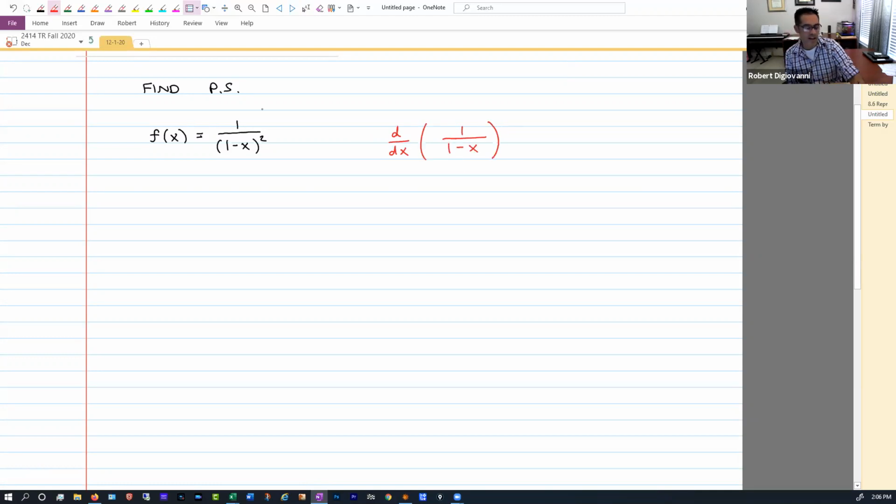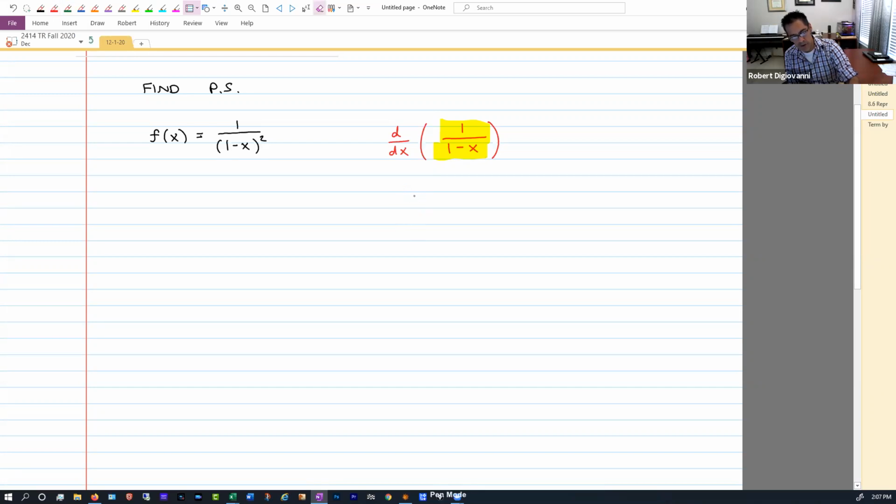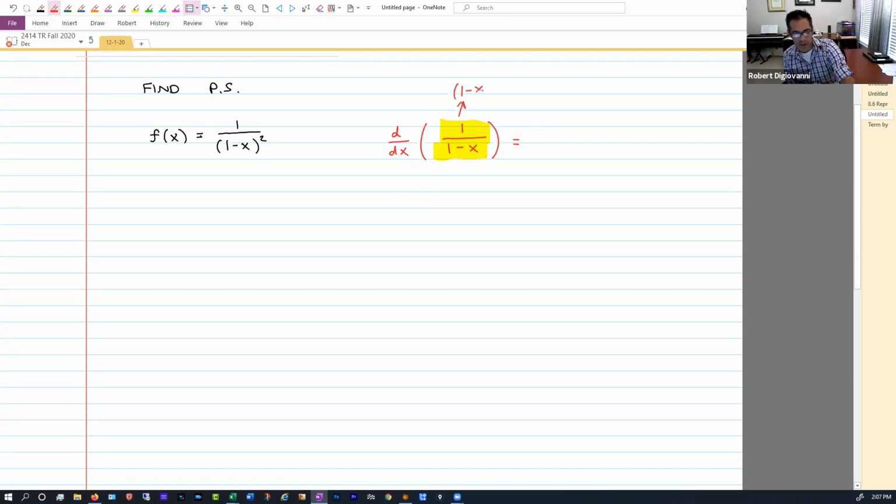Now, I realize that that's not this. They're not the same functions, but we know what the power series is for this in yellow. We know what the power series is for that, but just check this out. What's the derivative of it? Would it be the quotient rule? Yeah, quotient rule. Actually, I think I'd rather do it this way. 1 minus x to the negative 1. Isn't that what that really is?